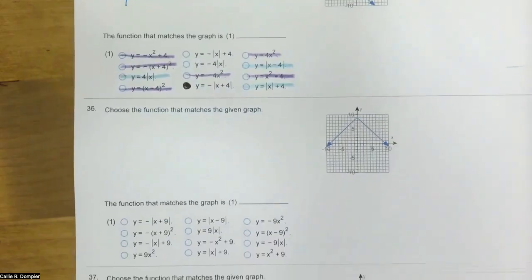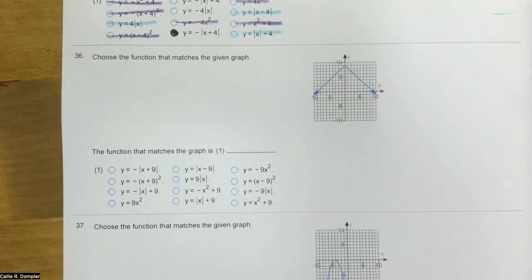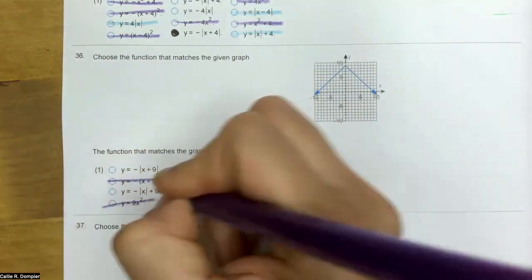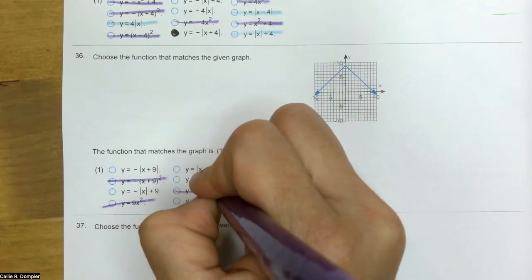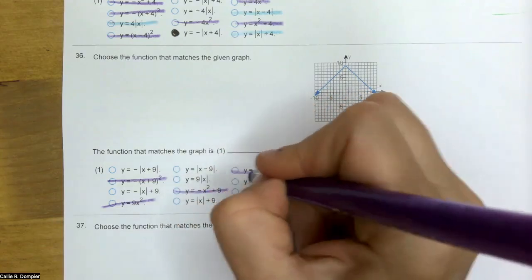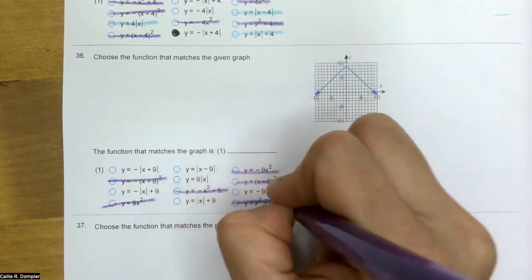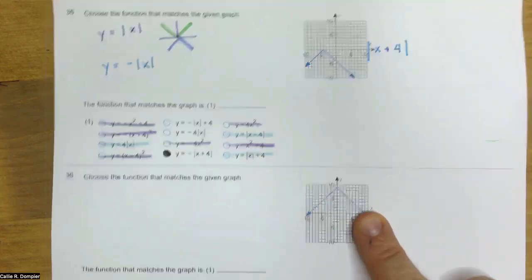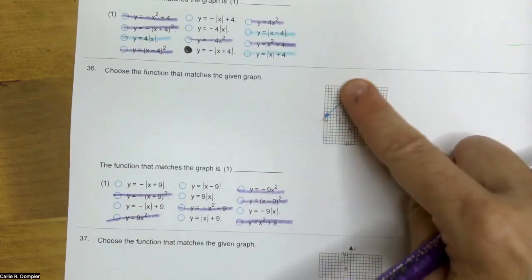All right, let's do two more. 36. Here we've got another absolute value. It's negative again because it's facing down. If it was positive, it would be a V going up.